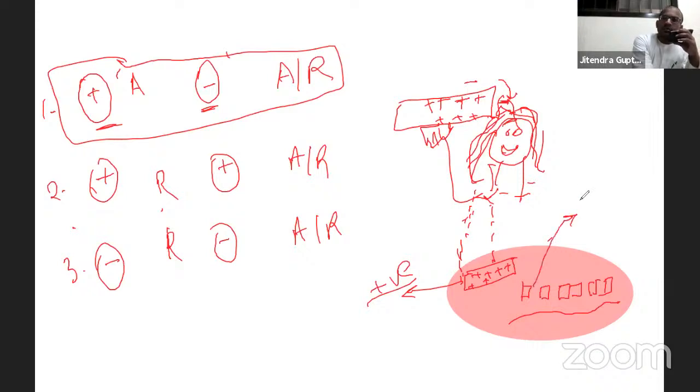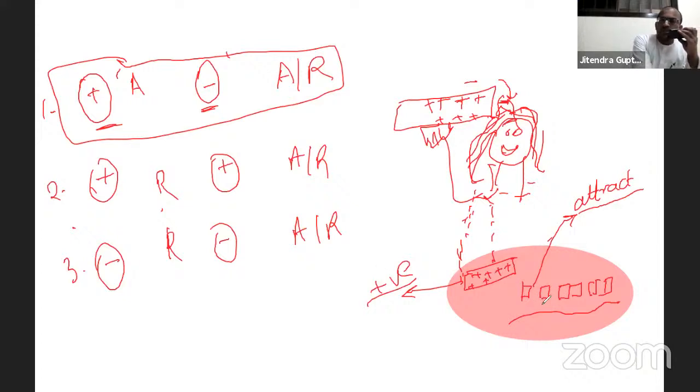Then should they attract? Ideally speaking, should they attract or not? It should not attract, because there is no combination of plus and minus.